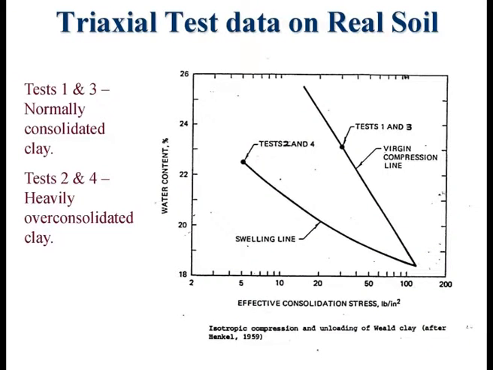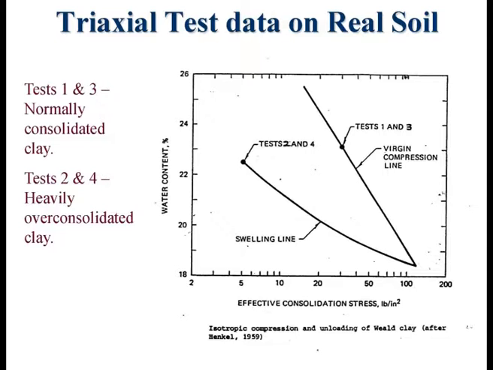Basically, I show you 4 tests. In this classic test by Henkel. Henkel is the co-author of the book by Bishop and Henkel on triaxial testing. So he's a big guru in triaxial testing. Essentially, he has done 4 tests. Tests 1 and 3 are normally consolidated. You can see it's on the virgin compression line. Tests 2 and 4 are on a swelling line far up there.